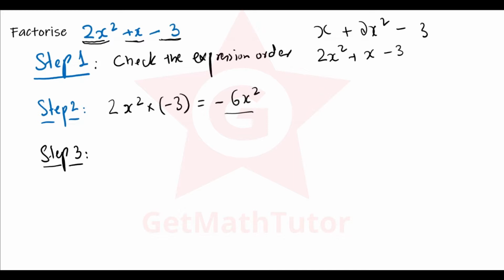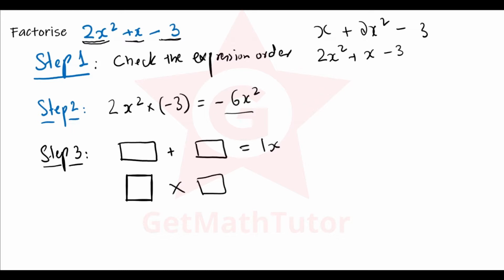Okay, so look at it once more. So we have to come up with two numbers such that when we add them, the answer is 1x, and then when we multiply the same numbers, we get minus 6x squared. Okay, so this is what we have to come up with.